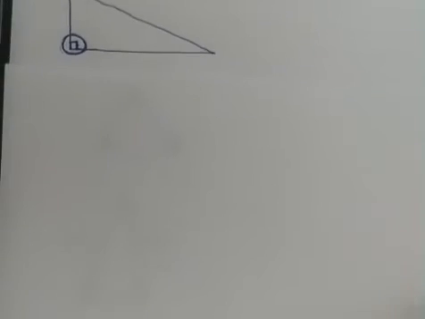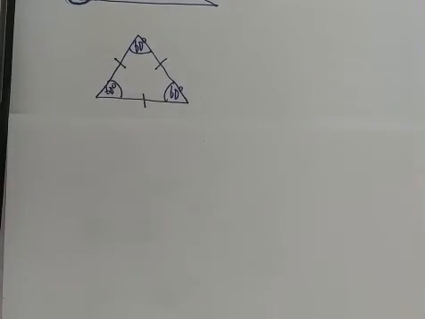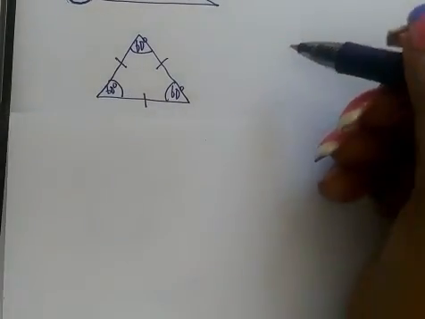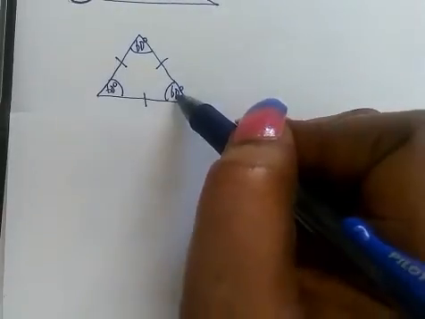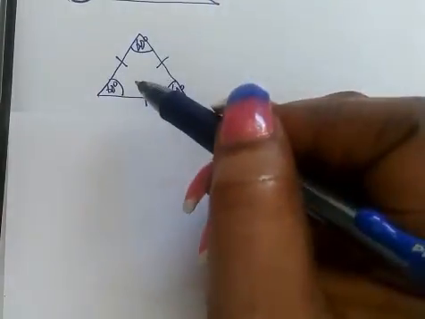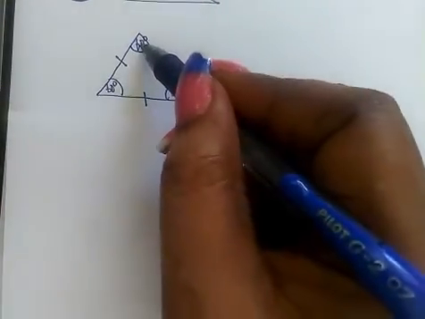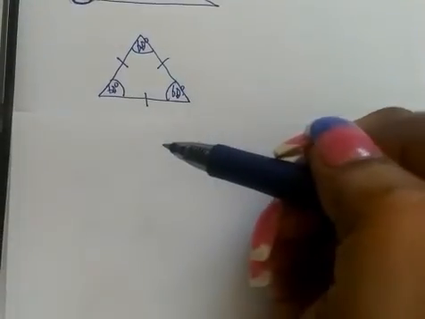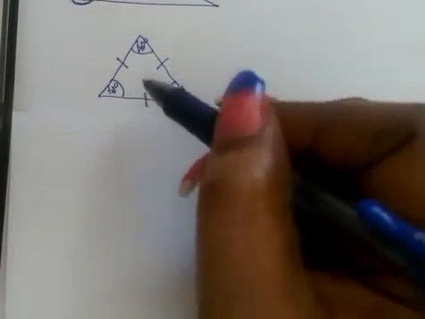In this case now, we are going to look at one that has all three sides and all three angles having the exact same measure. Here's our example. 60 degrees, 60 degrees, 60 degrees. That means that all three angles are exactly the same.